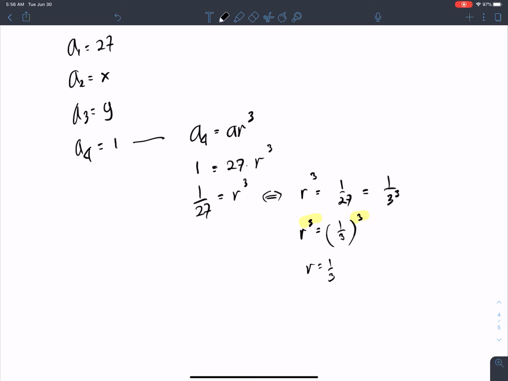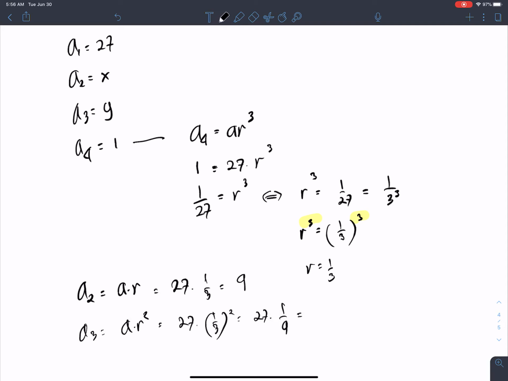Now that we have r, we can calculate a2 and a3 to get x and y. a2 is a times r, which is 27 times 1 over 3, so we get 9. Then a3 is a times r squared, so 27 times 1 over 3 squared, which is 27 times 1 over 9, so we get 3.